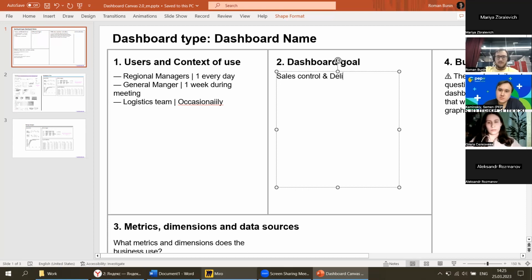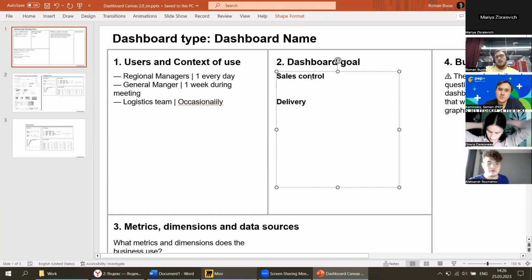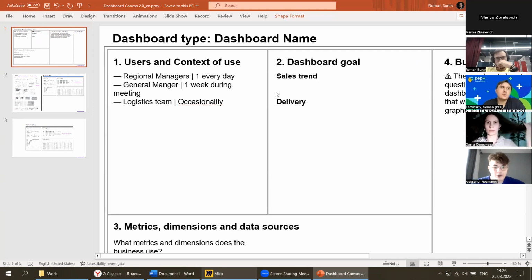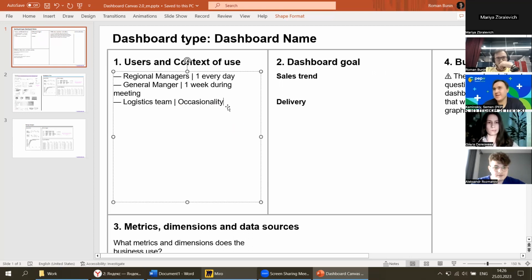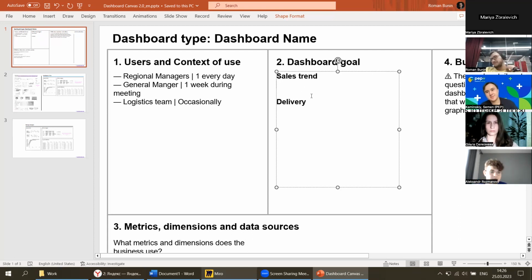Okay, but what would you say about sales control and delivery? It's okay, these are really the two main parts of the business process. In sales, we need to follow the trends and easily find the reason when things go wrong.